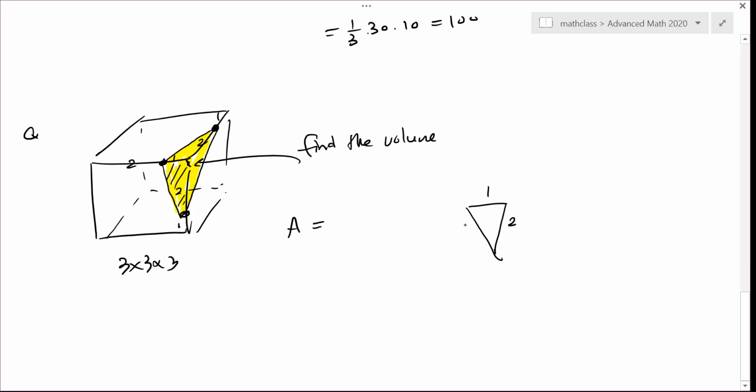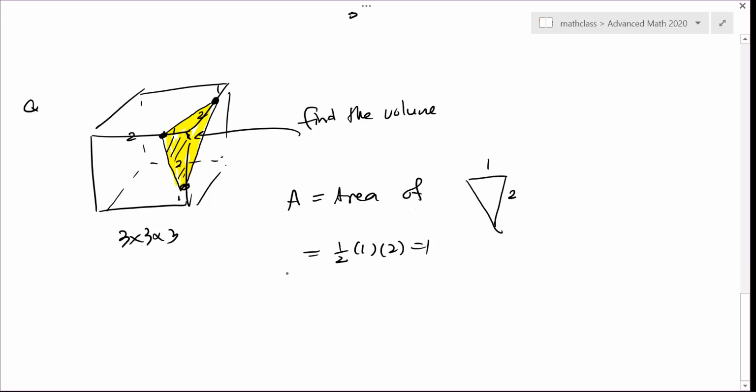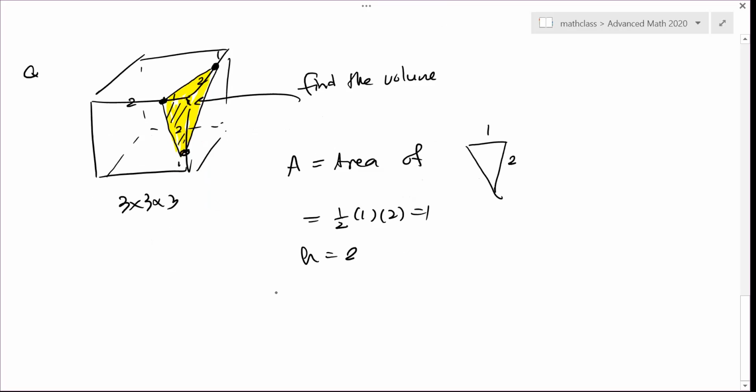So the area of the triangle is 1/2 times 1 times 1, which is just 1/2. So the height, h, is going to be 2. So the volume is going to be 1/3 times A times h. So 1/3 times 1/2 times 2, so it's 1/3, right? It's 2/3, not the 4/3.